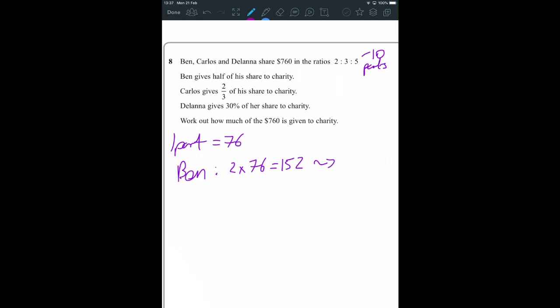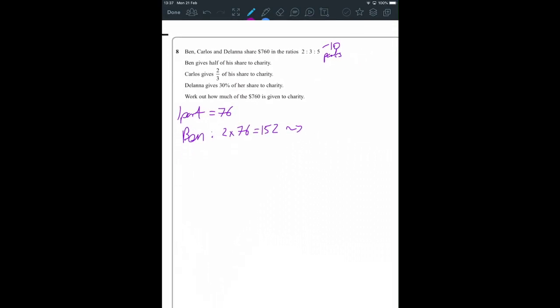and he gives half of that to charity. Well, it was a bit pointless times it by 2 because I'm going to divide by 2 again. So he gives 76 to charity. Next up, let's look at Carlos. He's getting 3 lots of 76. And again, I'm already noticing that I'm going to be undoing this 3 lots of a little bit.